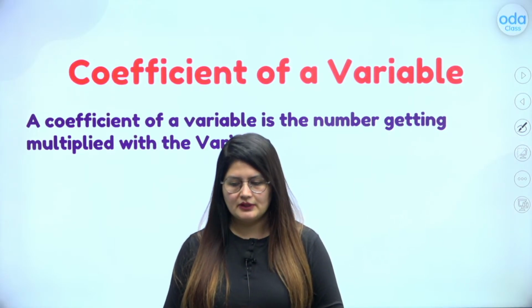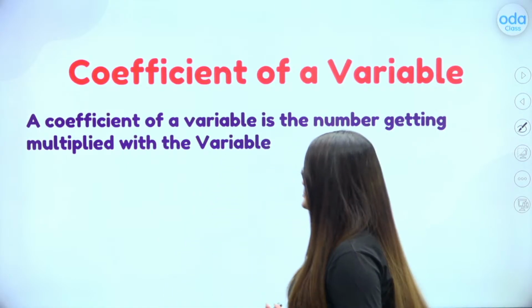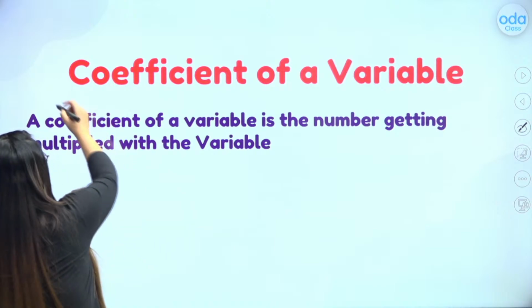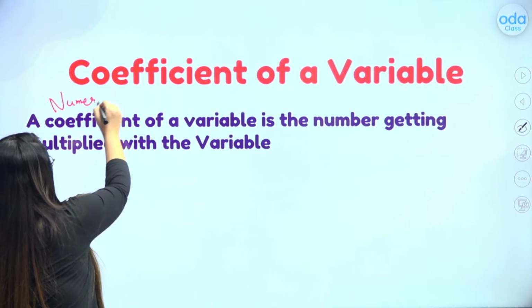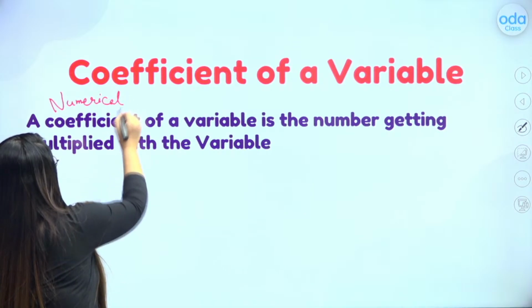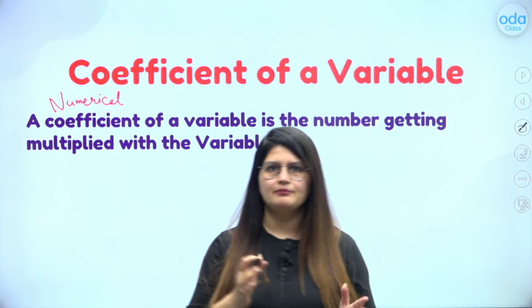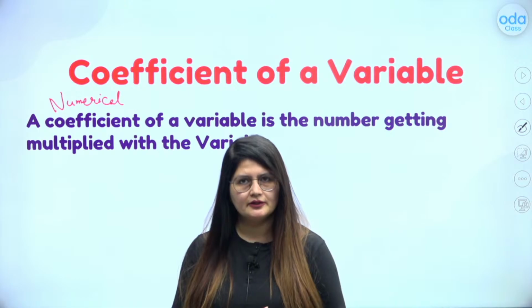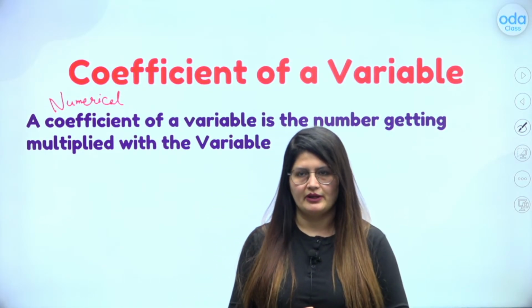So let me write it here: the numerical coefficient. Clear? Firstly you have to understand that the number which is getting multiplied with the variable is a numerical coefficient.